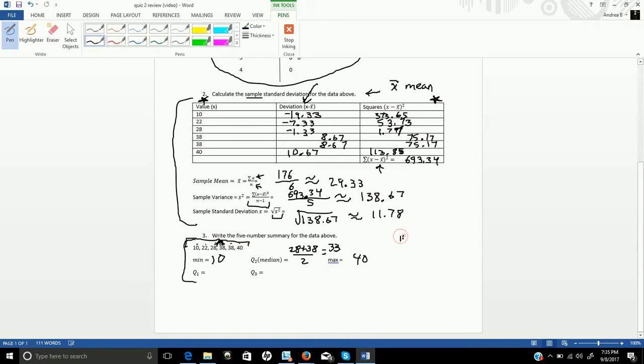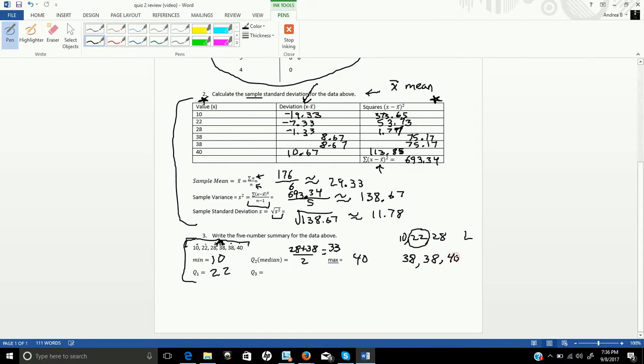And then our upper half, everything above our median value, we had 38, another 38, and then 40. This is our right-hand side, or our upper limit. You can write it as left and right, or you can write it as lower and upper, whatever helps remind you what to do here. And then Q3 is the middle number of that upper part, the right-hand side. So here, that would be 38.